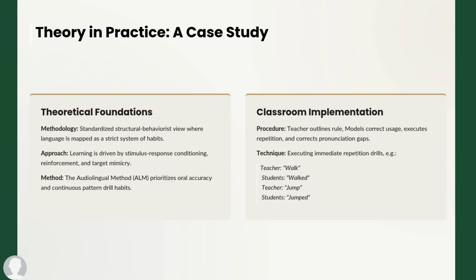At the method level, ALM prioritizes oral accuracy and systematic pattern drills. At the operational procedure level, the instructor explicitly states rules, models accurate usage, leads structured repetition, and systematically corrects pronunciation errors.